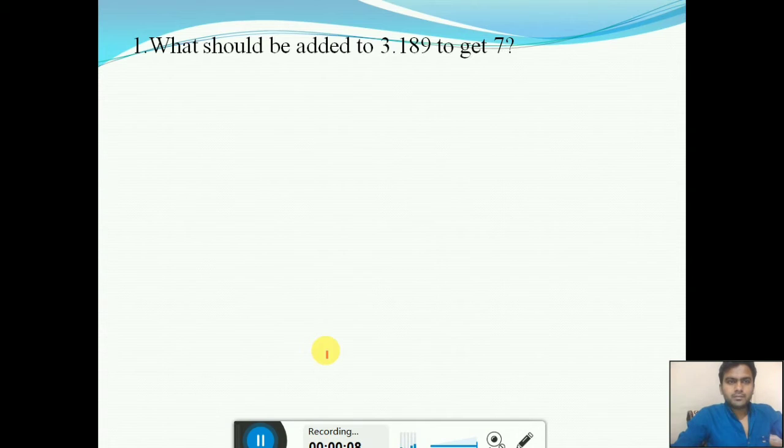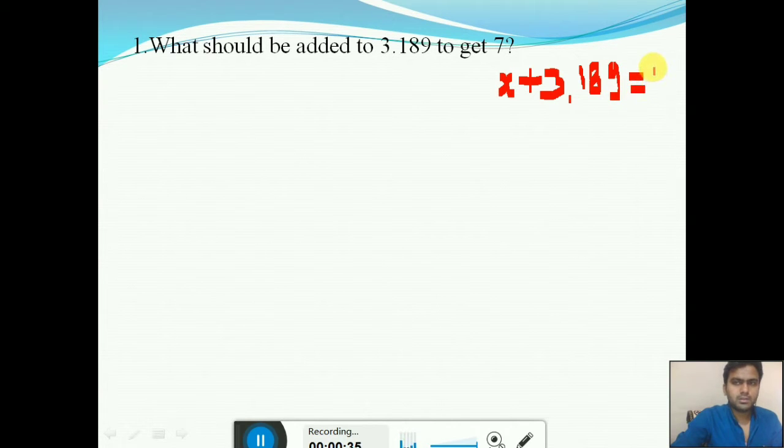Question number 1. What should be added to 3.189 to get 7? So in this question, what number should be added? Let x be added. So we have written x plus 3.189 to get, means equal to 7.